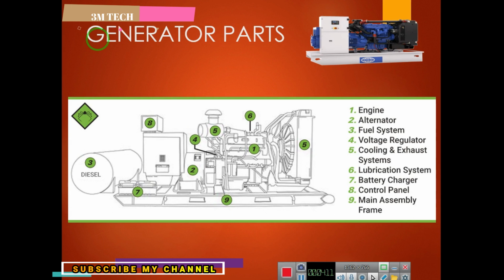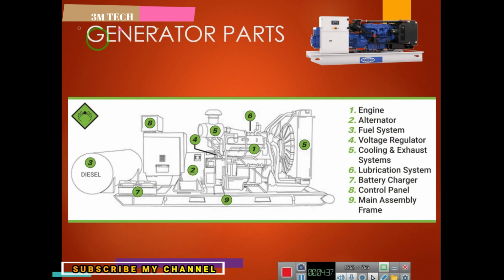The voltage regulator regulates the voltage. As the name tells you, it controls some parts of your generator to produce constant output voltage for your utilities. The cooling system and exhaust system keep your generator alive by cooling and exhausting the hot gas and other gases.